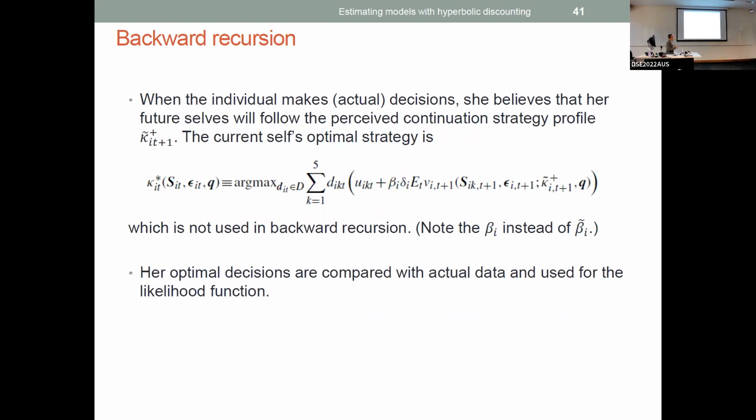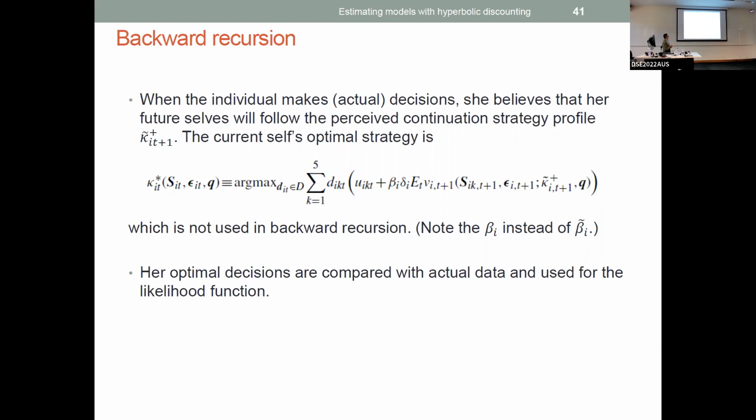So we've done the backward recursion, now the estimation. When an individual makes actual decisions, she believes that her future selves will follow the perceived continuation strategy profile.